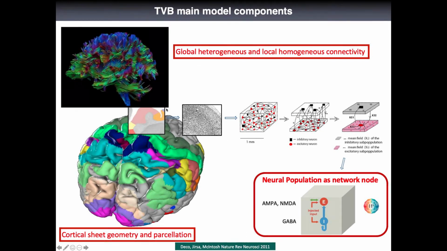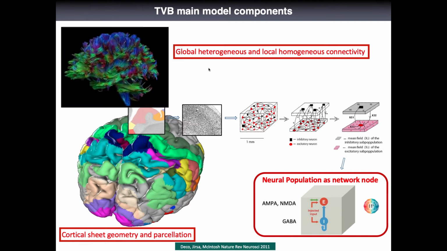The computational unit of the neural population becomes a node in our network. And finally, long-range coupling between brain regions through white matter tracts, which gives us the heterogeneity in the network. So these are all together the main model components of TVB.